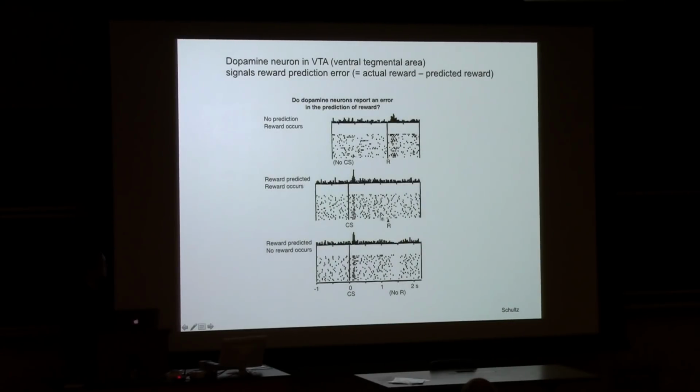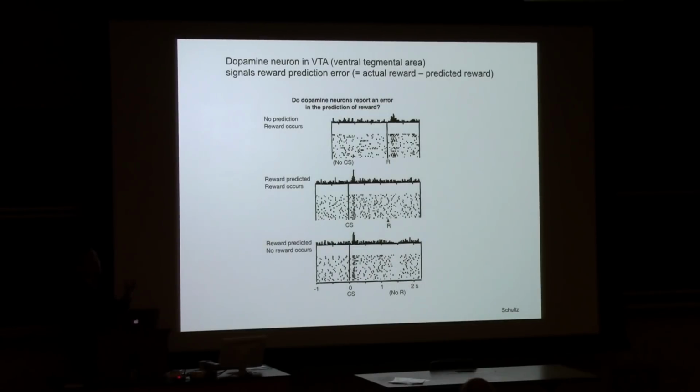It doesn't respond to the actual reward anymore, because now you're able to use the sensory input, that beep, to predict what you're going to get over here, right? After some learning, your predicted reward and actual reward are the same. So there's no response. So the dopamine neuron response is not just reward; it's reward prediction error.